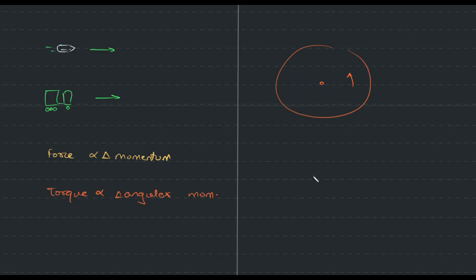If something is heavy and stationary, I need a lot of torque to make it rotate. If it's small and light, then I need less force to make it rotate. So basically, whatever we saw in linear motion, the cause and the effect, acceleration, momentum, forces, net force and everything, a similar map can be applied to this angular world as well.